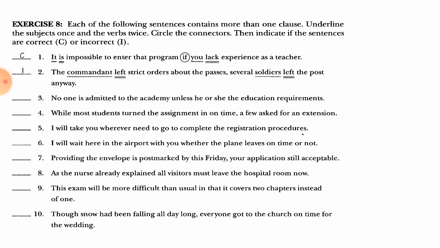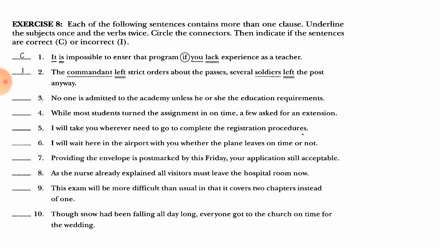Slide number 4 includes 10 questions based on what we have just explained, and our task is to determine which is correct and which is incorrect. And if the sentence is incorrect, we have to explain why it is incorrect.